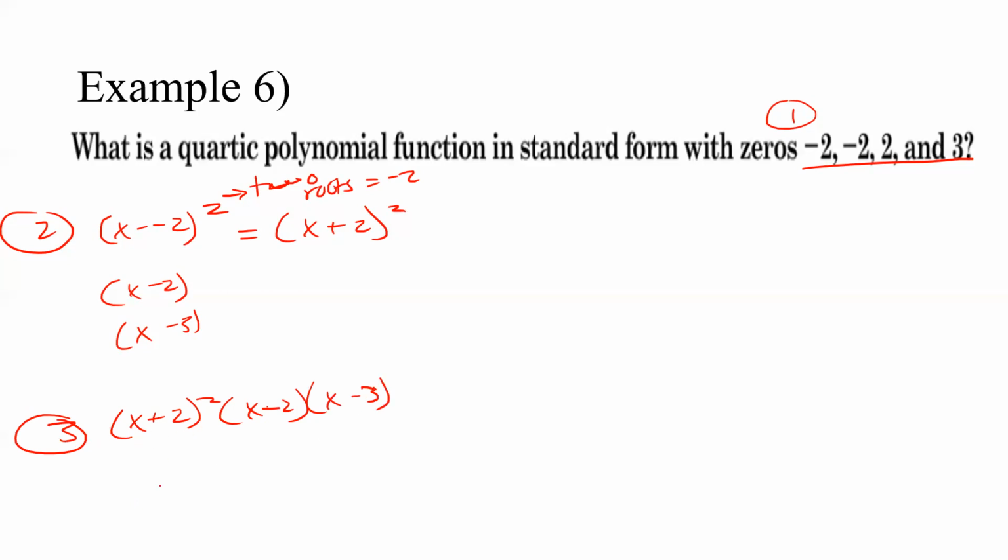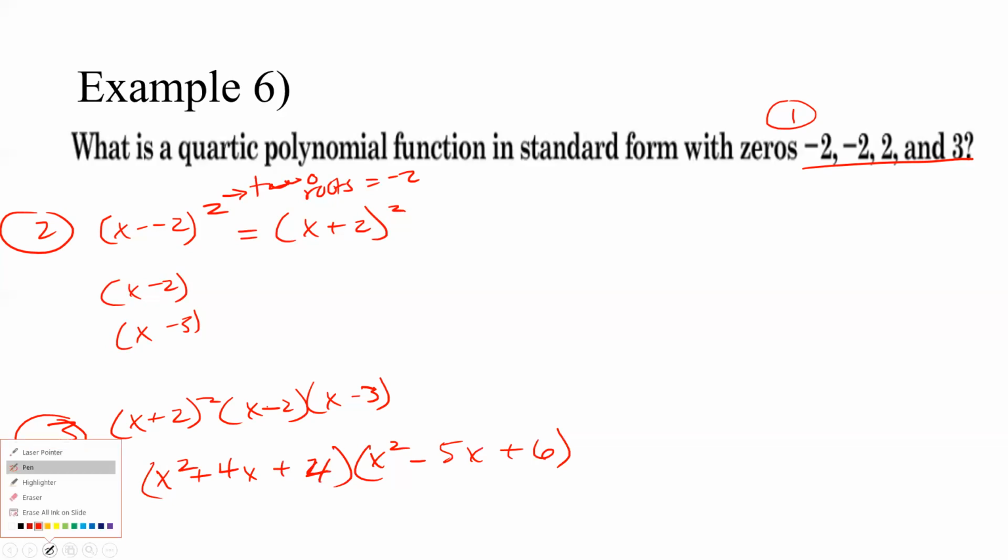Multiplication-wise, x plus 2 squared is going to make x squared plus 4x plus 4, because all I'm doing is doubling this term and squaring the 2. 2 doubled is 4, 2 squared is 4. Now I'm going to multiply x minus 2 and x minus 3, which gives me x squared minus 5x plus 6.